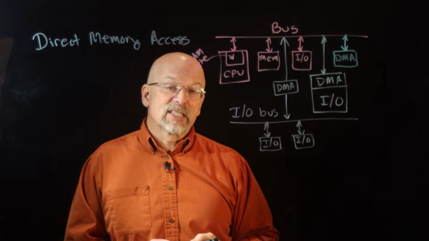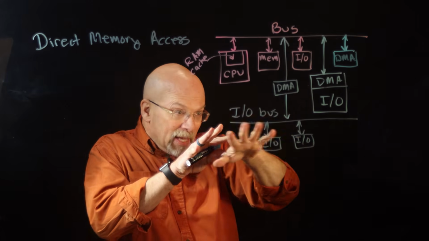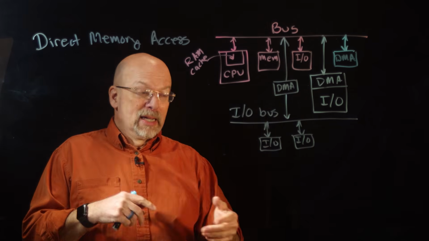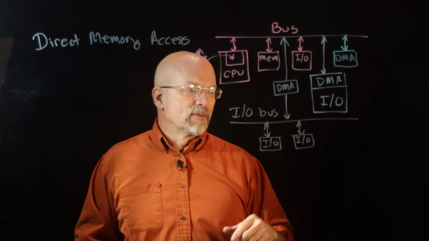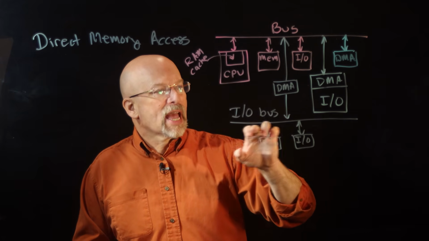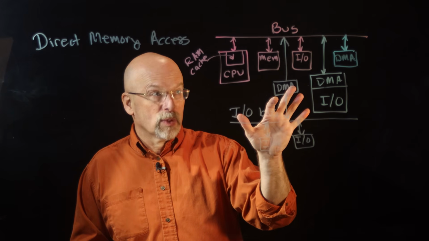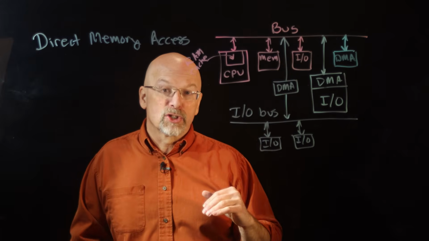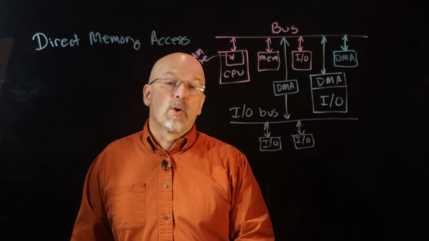In the case of having simpler I/O devices, we could just simply have a bus, for example, maybe a USB hub, or some other type of network interface. What you could have is all of your I/O devices hanging off a separate bus that the DMA communicates with. This would allow us to have a single memory cycle stolen for every single data element that we're transferring either to memory or from memory.